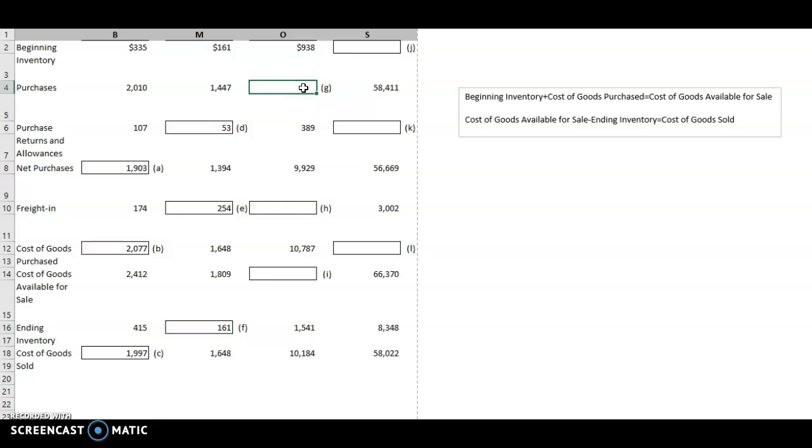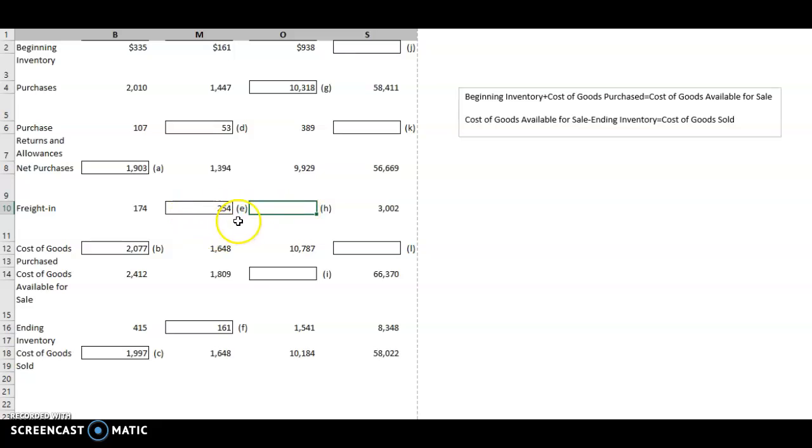Moving on to company O, we're trying to find the total purchases. So we want to take our net purchases this time of 9,929, and this time we're going to add our purchase returns and allowances of 389, which gives us 10,318.